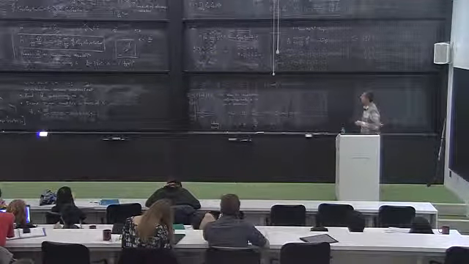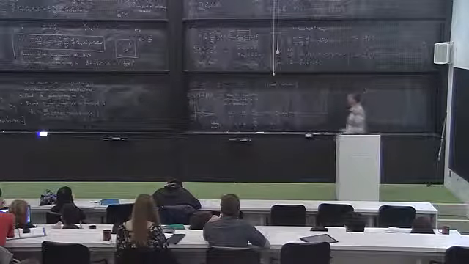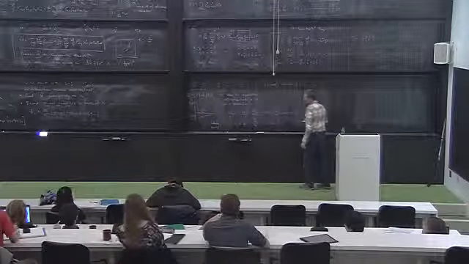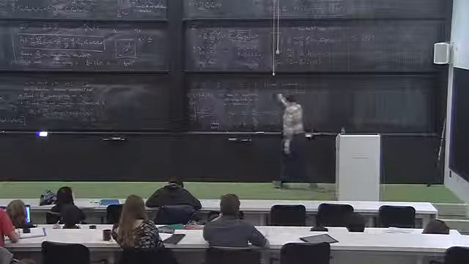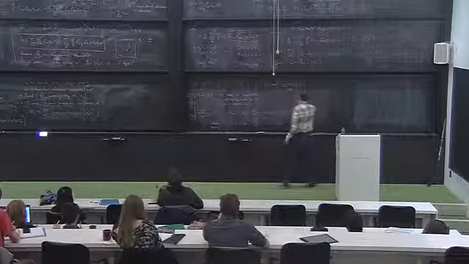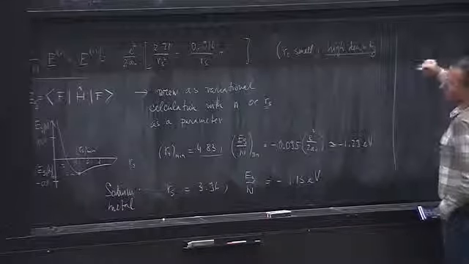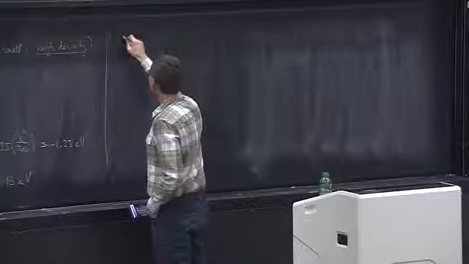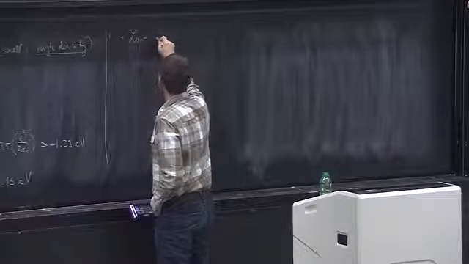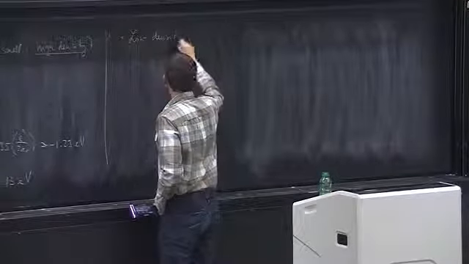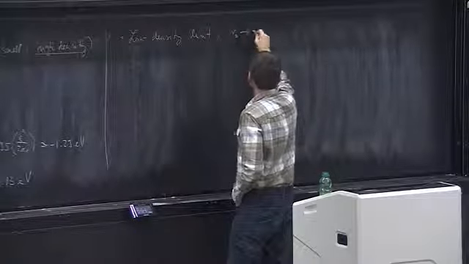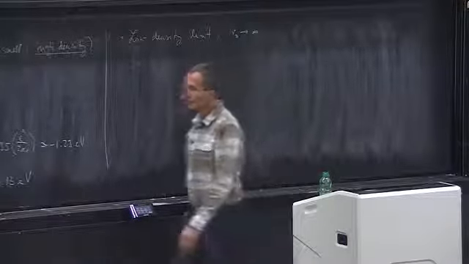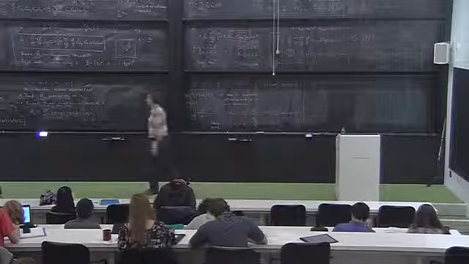Okay, let me just remark one more thing, just for your information. I will not go into any details, but we discussed the high density limit. One can also similarly treat the low density limit, which is rs goes to infinity. In that case, you can see that it's the second term that dominates, right?